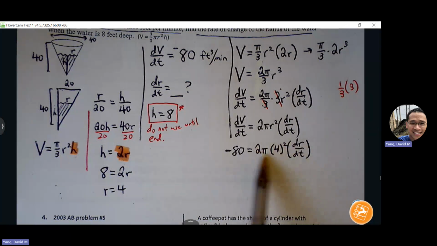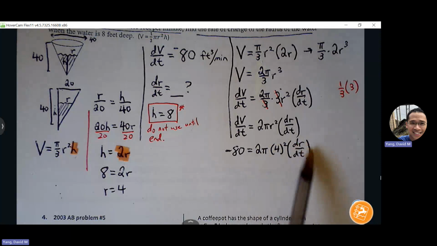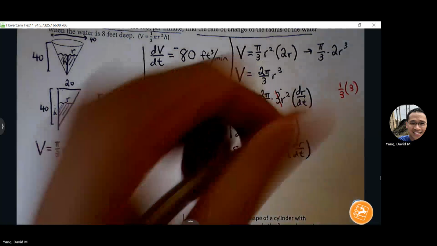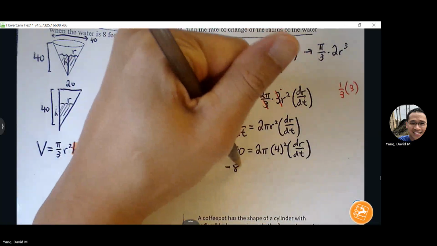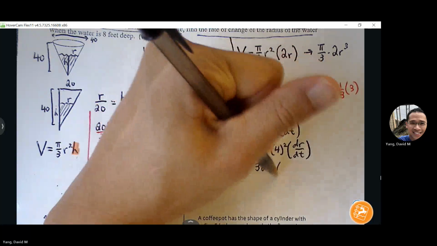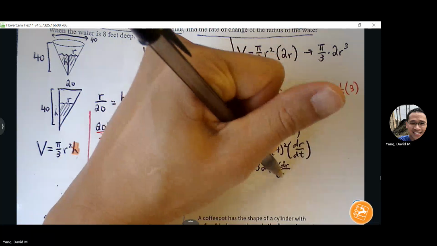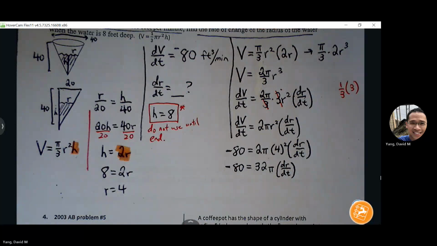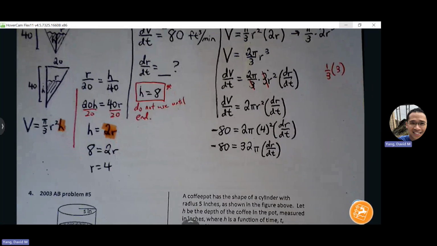Okay, we'll divide this over to the other side, but first I want to get this a little bit cleaned up. So 16 times 2 is 32. Okay, next step.